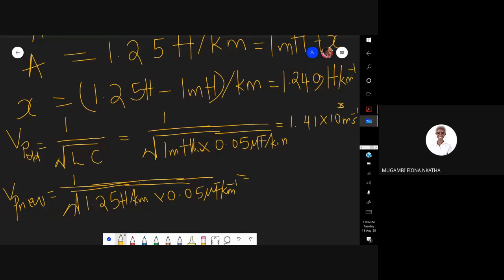And when you do this, you get 4. Wait, you guys are not telling me I'm doing something wrong here. Oh yeah, I remember I changed this kilometer to meters. So when I also change these kilometers down here inside the square root, I have to give my answer in meters per second because it's velocity. So it's 4 times 10 to the power 6 meters per second.